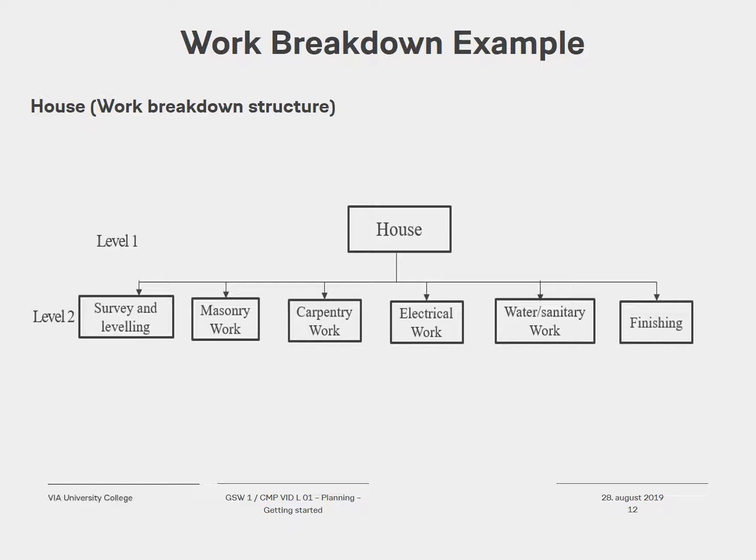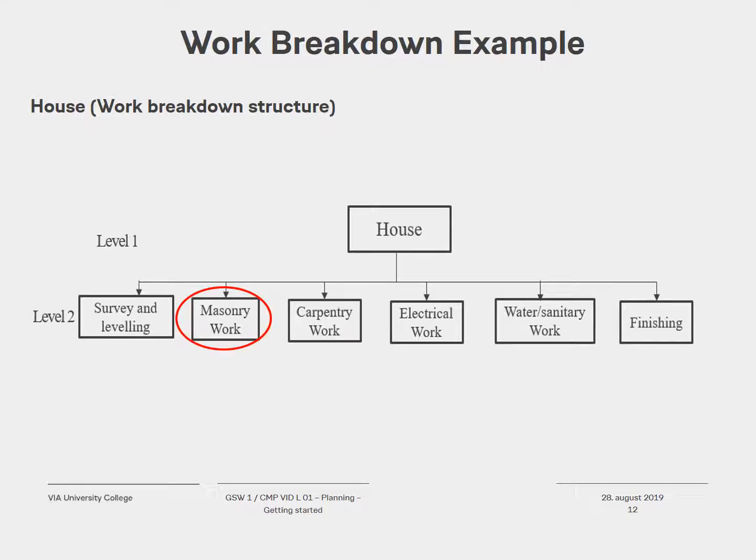You already see some logic behind the division: it also separates the activities into different trades, so that you could already start establishing your bill of quantities for contract management with the different subcontractors later on.